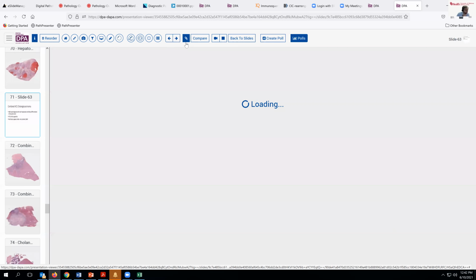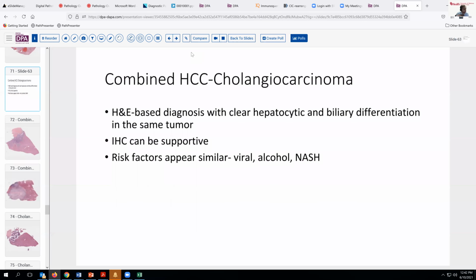Let's go on and talk about combined hepatocellular and cholangiocarcinoma, sort of beginning to bridge the gap between hepatocellular and cholangiocarcinoma. Now, this is an H&E based diagnosis.